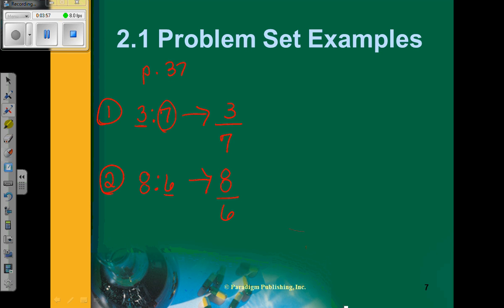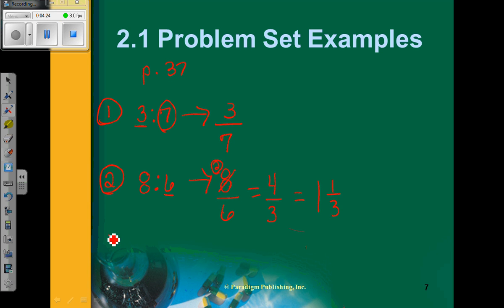And we have, of course, 2 will go into 8. 2 is going to be our common number. It's going to go into both of those numbers. 2 will go into 8 4 times. 2 will go into 6 3 times. So you have 4 over 3. So then what you would do is you would actually divide 3 into 4, and you'd come up with 1 1/3. That would be the lowest term.